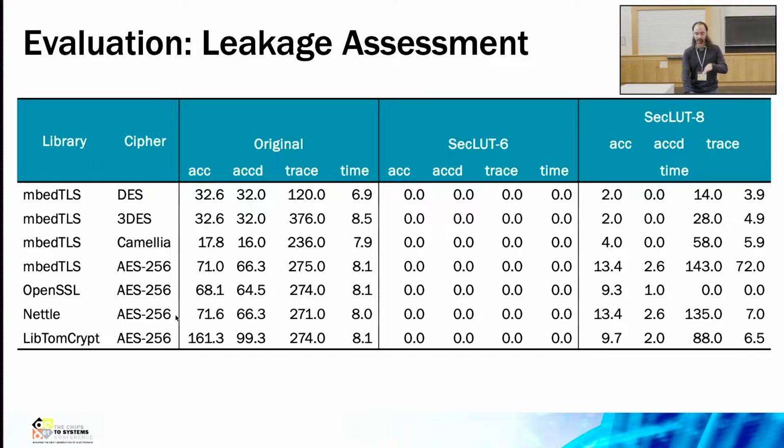We have proposed two approaches: one which is faster, the seculet8, which leaks basically way less than the original version, but we also have this completely secure version where everything fits into a cache line, and there we leak nothing. So we have made this trade-off between the brute force approach and the manual one, and it works.